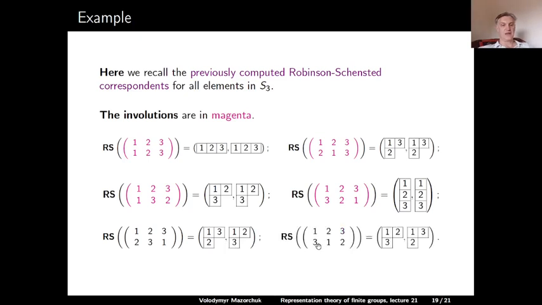And finally we have the element 3, 1, 2. It has the insertion tableau 1, 2, and 3, and the recording tableau 1, 3, and 2. So we see that for involutions, the Robinson-Schensted correspondence consists of repeating the same tableau. And these are exactly the involutions which have this property.